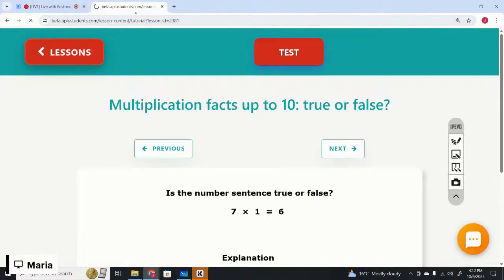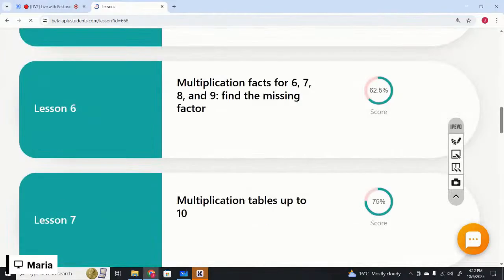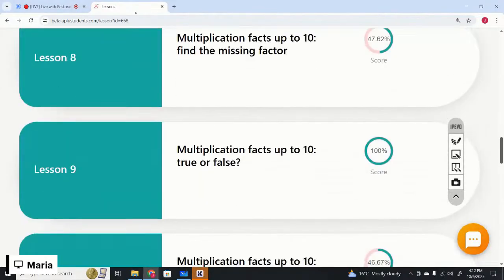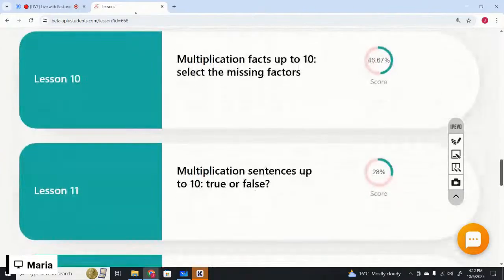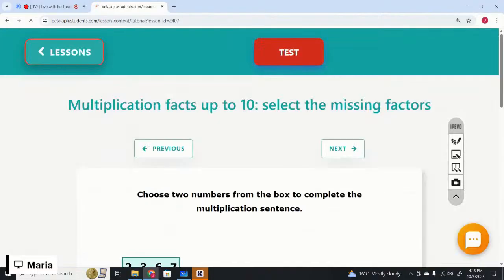The next lesson is multiplication facts up to 10, select the missing factor. Choose two numbers from the box to complete the multiplication sentence.